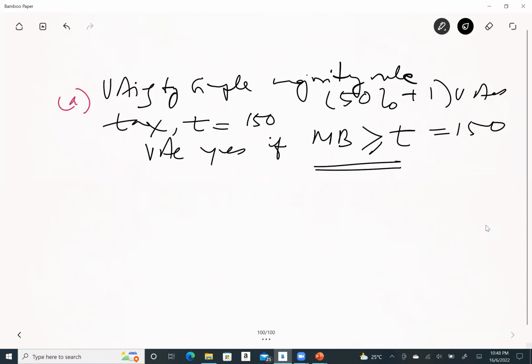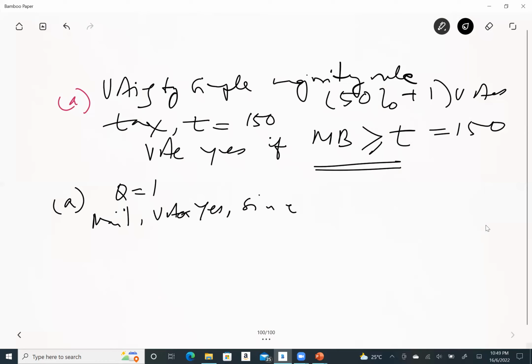So I just do one. For Q equal to 1, you do the voting. So you see Mael will vote yes. Why?